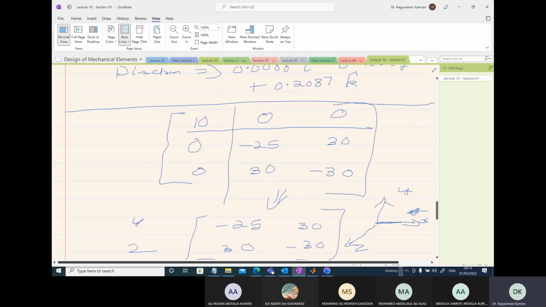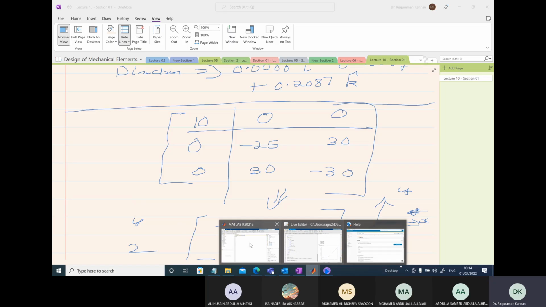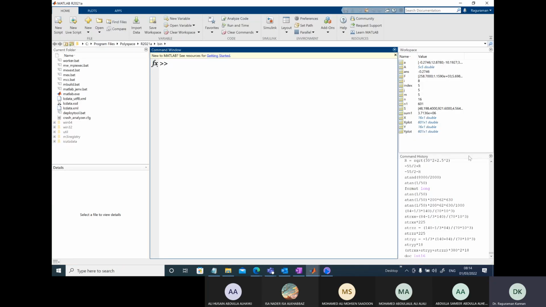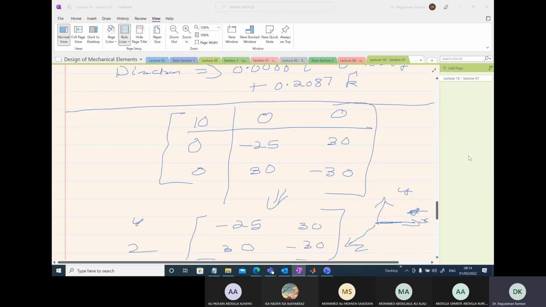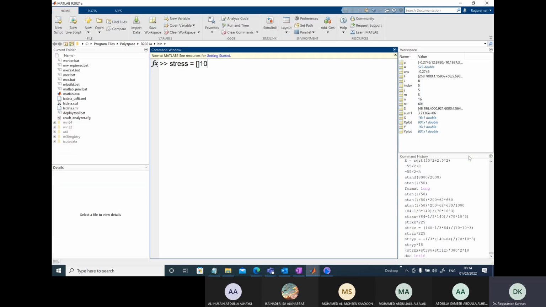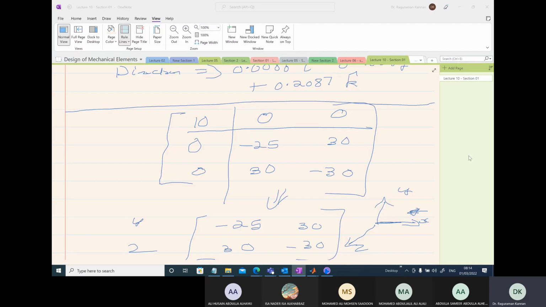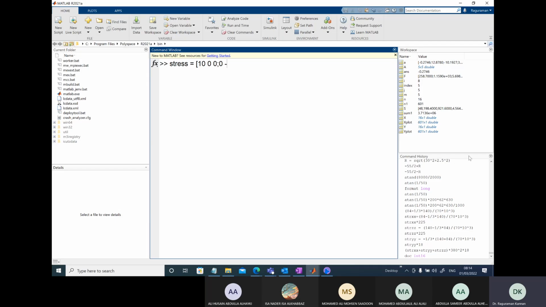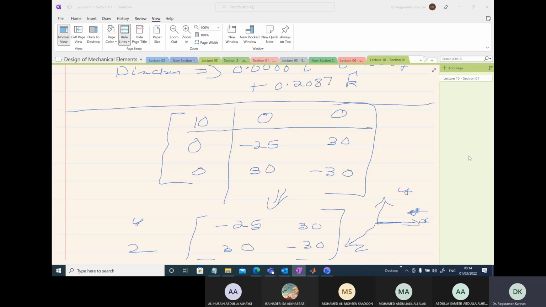So first, let's check in MATLAB. Let's declare the matrices. Stress is given by 10, 0, 0. Then we have 0, minus 25, 30.